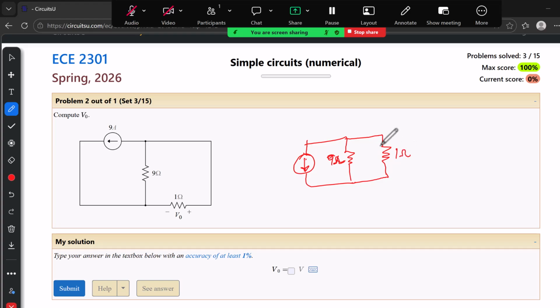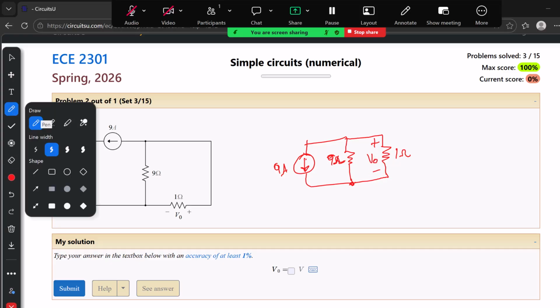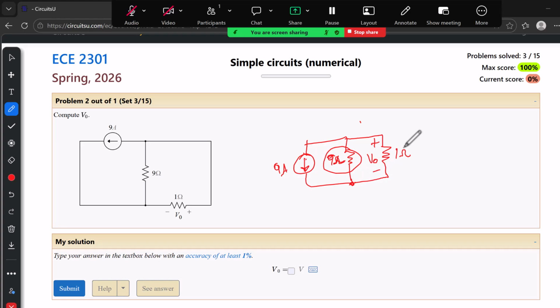So now we have the voltage going like this, and we know that the current goes down, so it will be split up like this. If you notice, the current will hit the negative sign. But since we're working with resistance simplification, we can simplify the resistances in parallel without compromising the value of V naught.